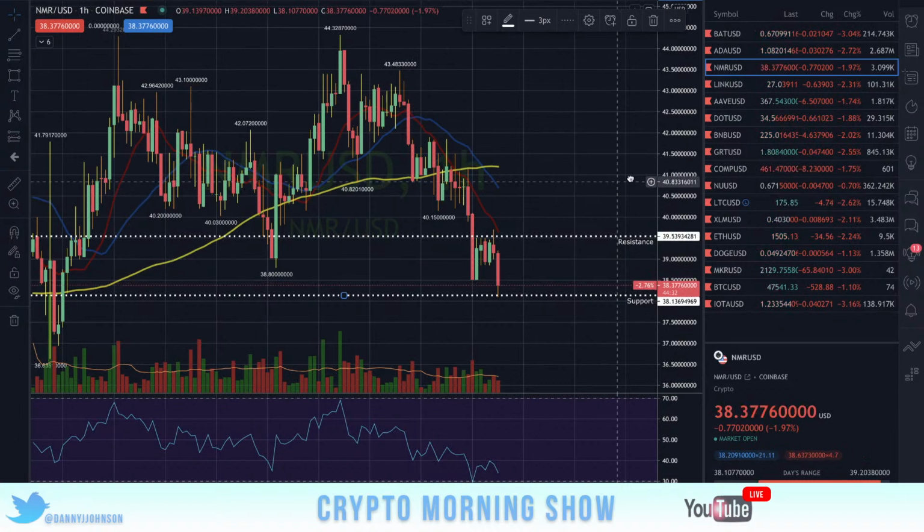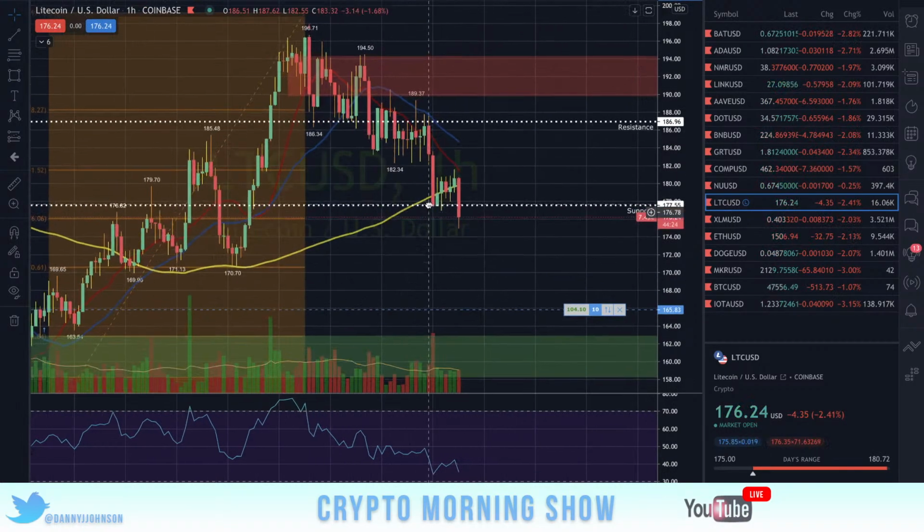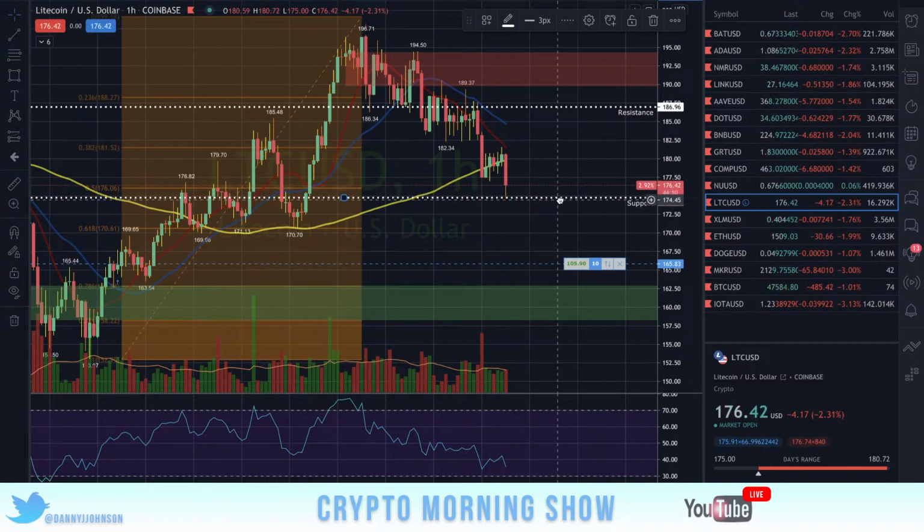Okay, let's go to LTC, and we'll talk about this one a little bit. Yes, we did exit our position on LTC. We talked about that this morning. We exited up here. We got into the sell zone with the expectation for it to come back down, find some support.